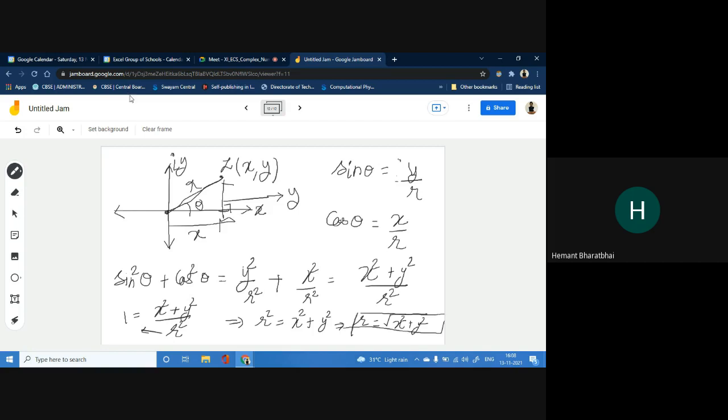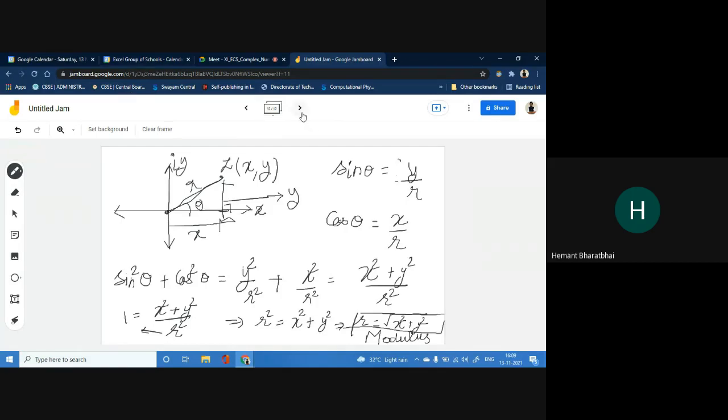So I'll get r square is equal to x square plus y square, which can further be written as r is equal to under root of x square plus y square. This is called the modulus of a complex number.